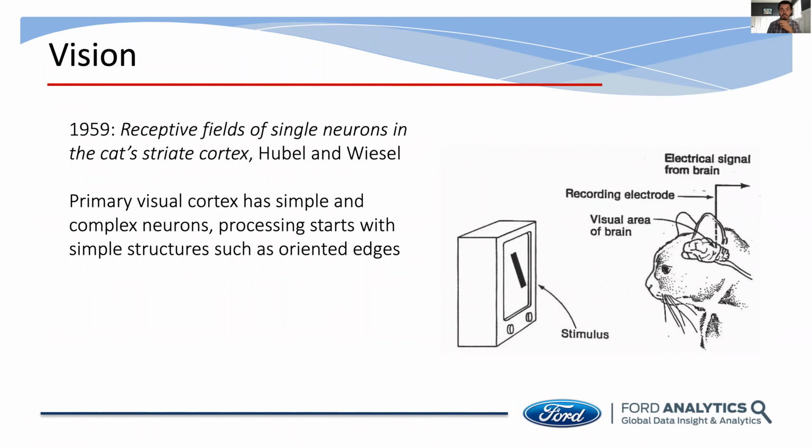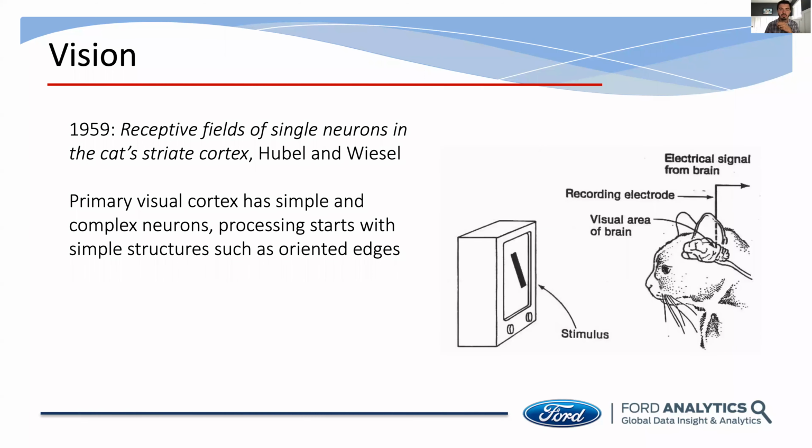And they took this a little bit further and came up with this model for how the cat's brain was processing images. At first it had these simple neurons that would really just be responding to things like edges with a particular orientation, and they would fire when they saw one of those edges.